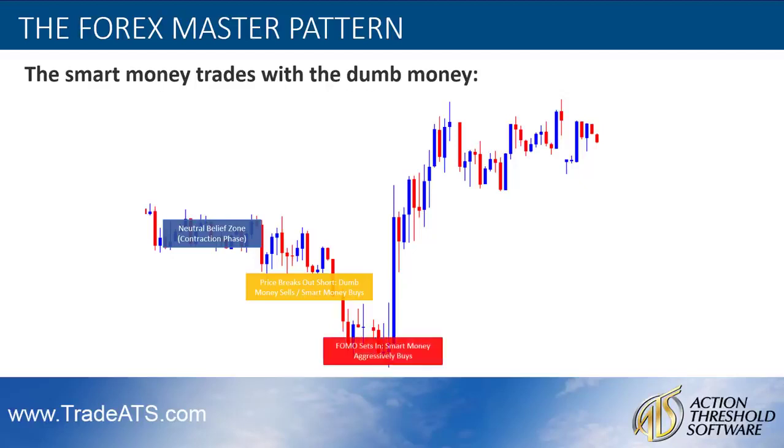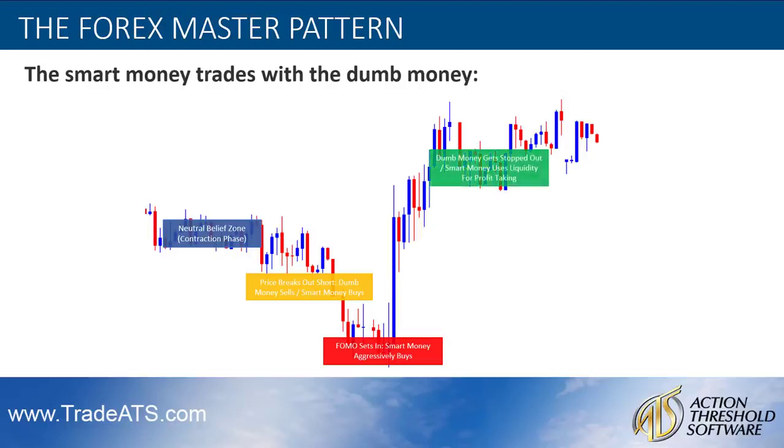Okay. The opposite of this, because this is the expansion phase, and we know that from what we're doing. We know this is the second phase. This is where the FOMO sets in. Smart money starts to aggressively buy the other side, because the dumb money traders are starting to sell more and more and more because they're chasing the market, and smart money accumulates the other side of that, and then the market goes in its actual direction, which is up in this case.